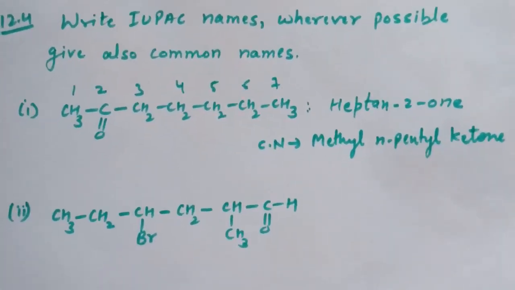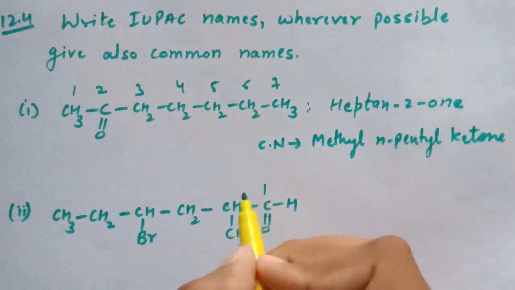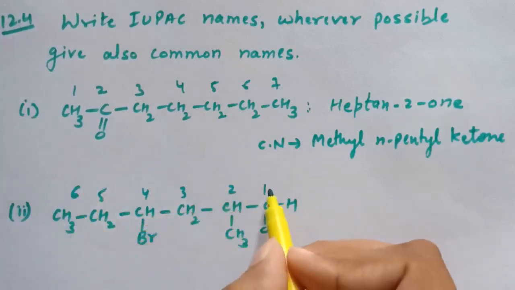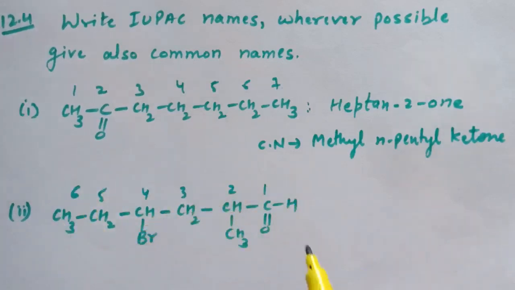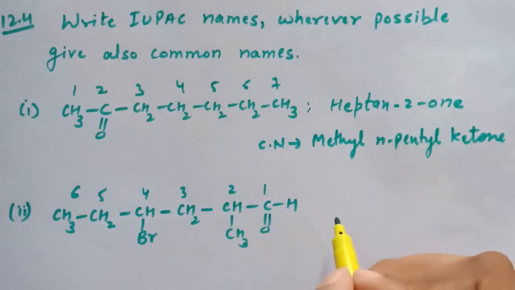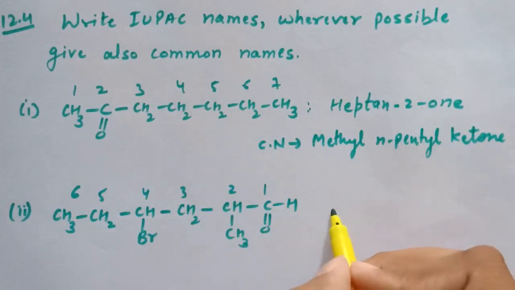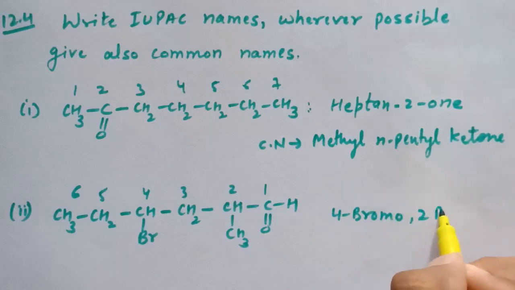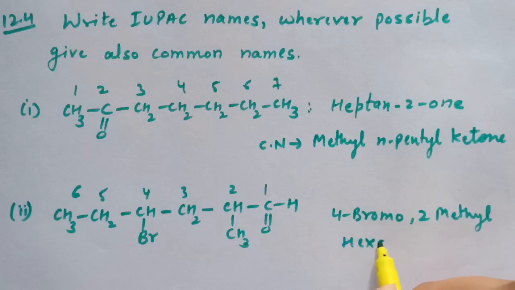Second is, so here we start numbering from this side: 1, 2, 3, 4, 5, 6, and this contains an aldehyde functional group. So the IUPAC nomenclature is 4-bromo-2-methyl, for 6-carbon it is hexan-1-al.